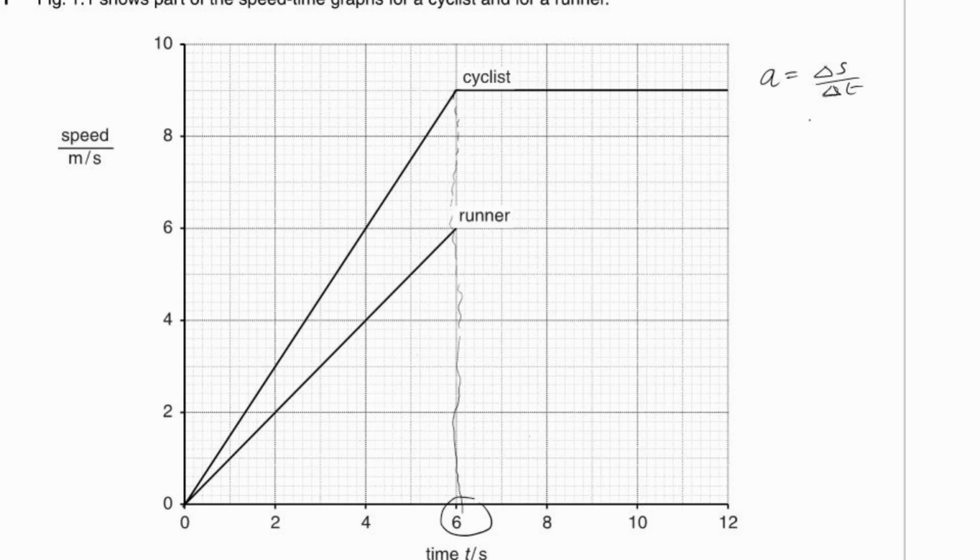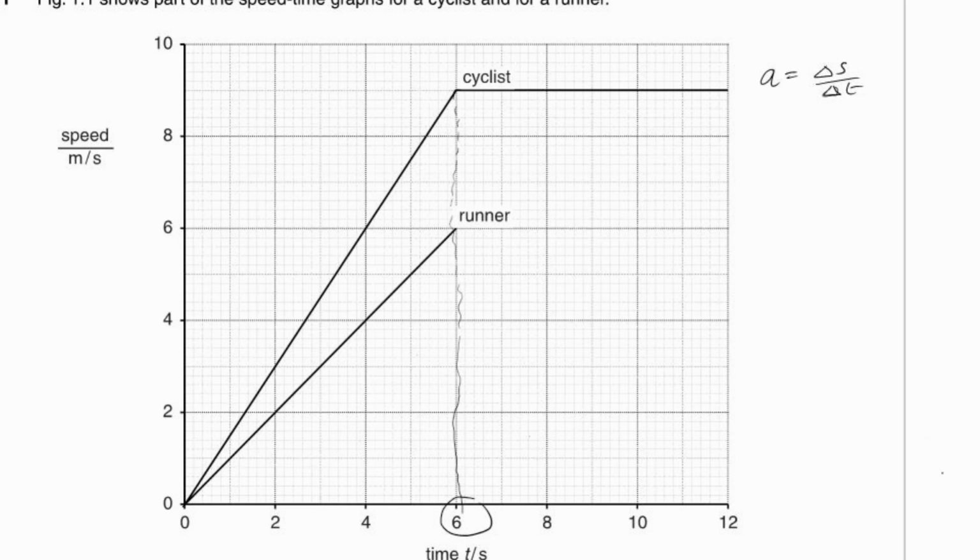Okay, so acceleration, change in speed divided by change in time. I mean, technically, of course, change in velocity divided by change in time. But if the speed is changing, there's definitely an acceleration. So both the cyclist and the runner are accelerating. The cyclist has a steeper gradient, which means that it's accelerating at a greater rate.